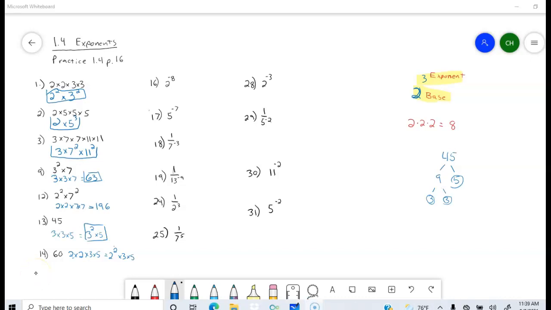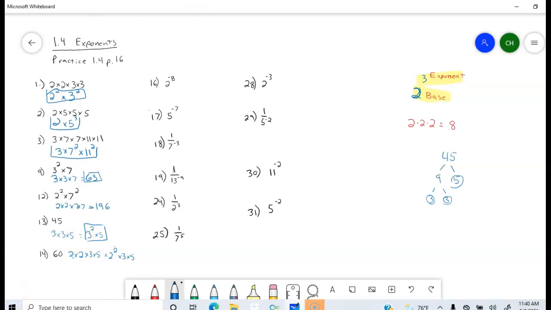Okay, so number 16 through 23, we'll only do some of those examples, but they want us to express these using positive exponents. One thing you'll notice right off the bat that looks different about these is, well, the pen has disappeared here.